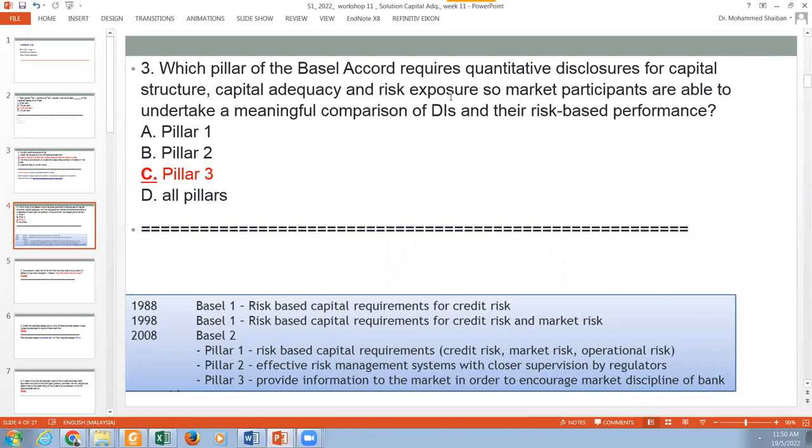If we are talking about quantitative disclosures, then Pillar 3 only provides information, Pillar 2 provides management, and this one is providing the quantitative. If we are talking about quantitative, we are talking about Pillar 1.